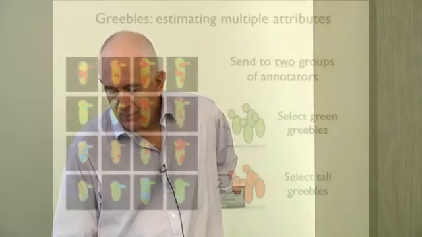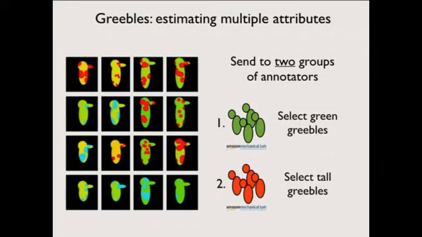Then we added random splotches on top of them to confuse the matter a little further. Either they're green and tall or short and yellow. We instructed two populations of annotators differently. To some we said, click on the greener ones, and to others, click on the taller ones. So each one was instructed to pay attention to one characteristic and not all.